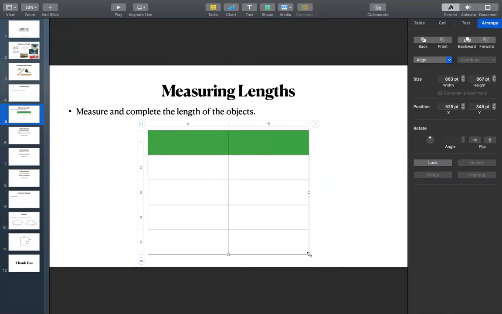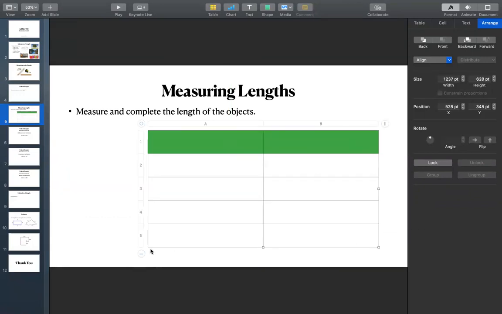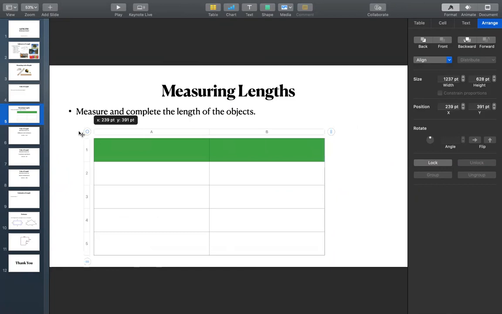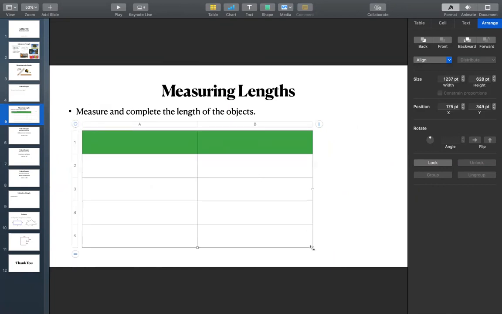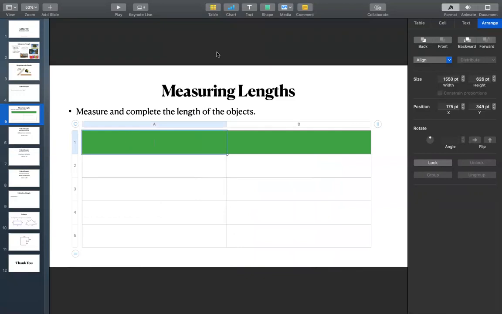Okay. Here you have a table, and I want you people to complete this table. Here you will have the object, and then you have the length. I will give you a few objects and a few minutes to complete this table. Now the time is 10 o'clock and I will give you 10 minutes to complete this. I will give you a few objects in your home that you can easily find.